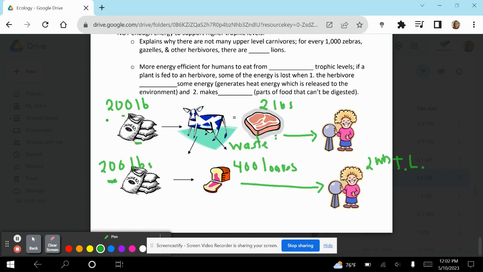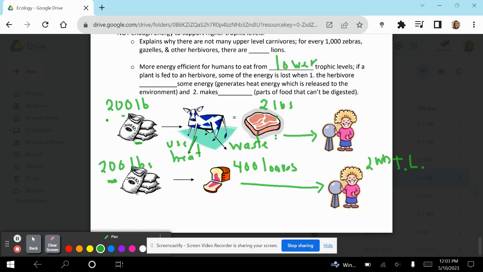And it's going to use, so I'm going to write use, and then I'm going to write heat, because that energy gets converted into heat energy and then it's going to be lost. And you only have access to a very small amount of that energy that was initially tied up in that grain. So it is more efficient for humans to eat from lower trophic levels.